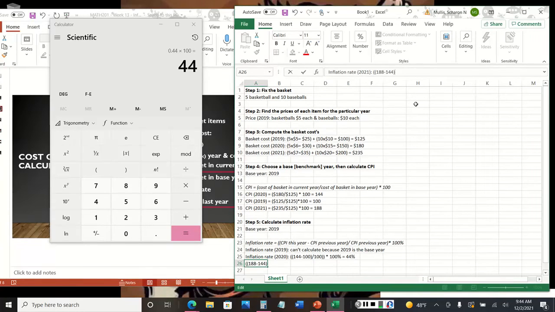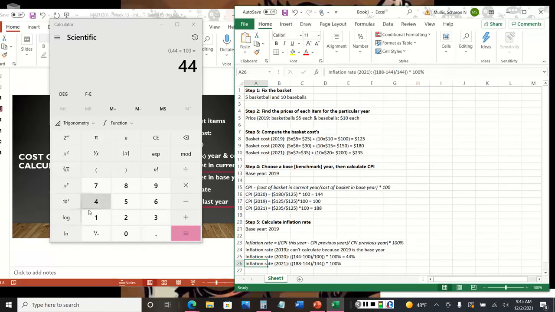And then we divide that by the CPI for the previous year, which is 2020. So that would be divided by 144. And then we will multiply all of that by 100%.